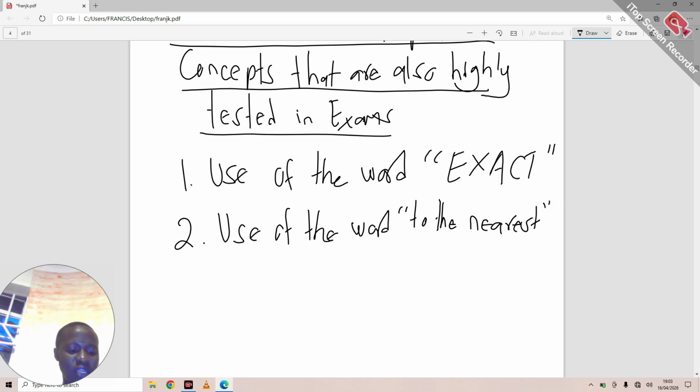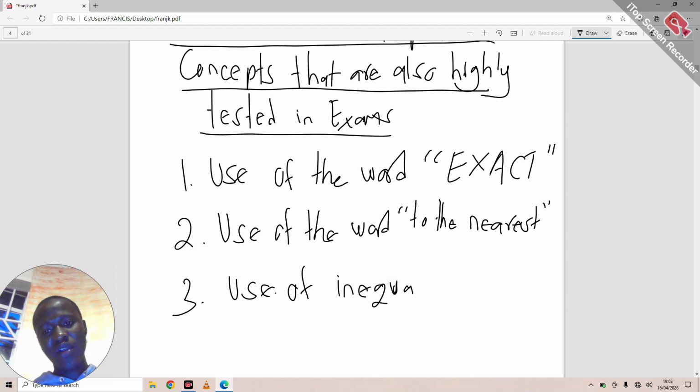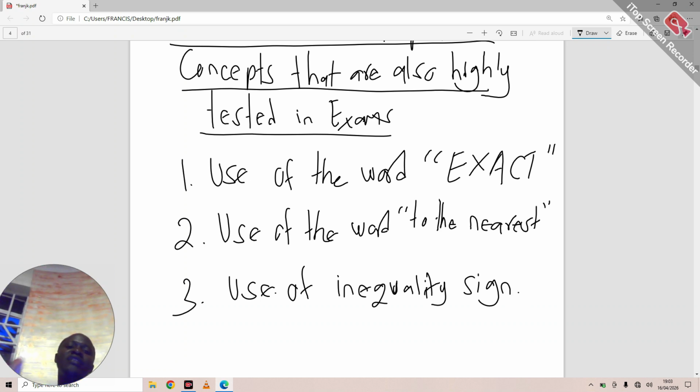I think there are only 2. And number 3, use of inequality signs in this particular topic. These are the only 3 terms we shall consider, which we shall do deeply.